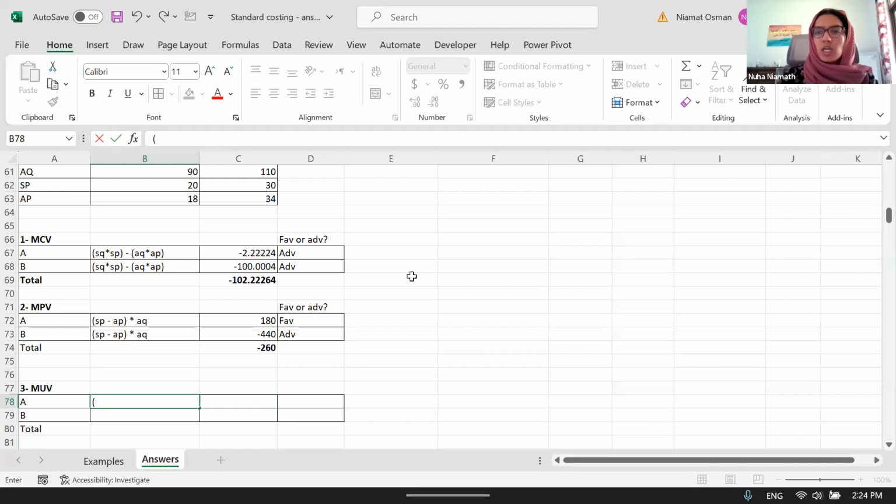SQ minus AQ into SP. Perfect. SQ minus AQ into SP.